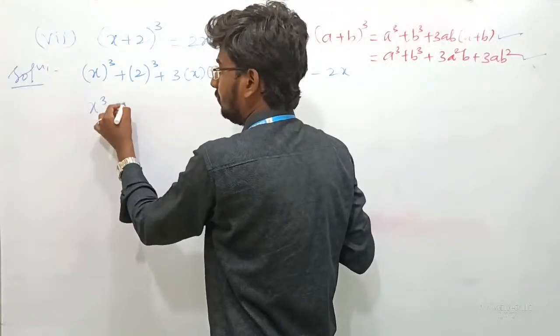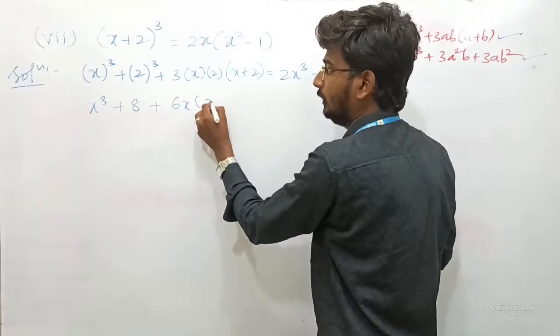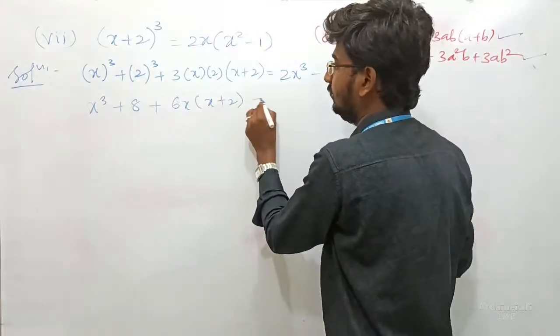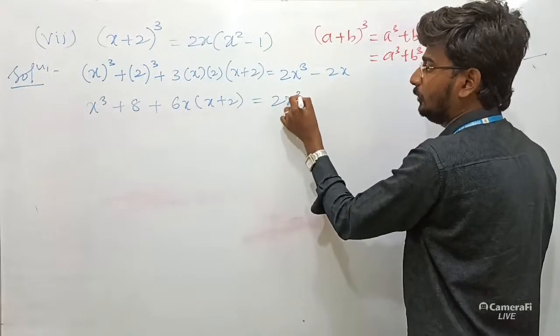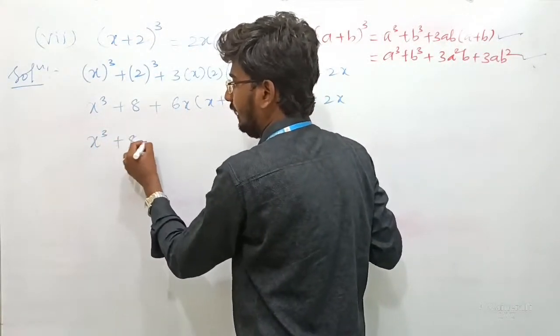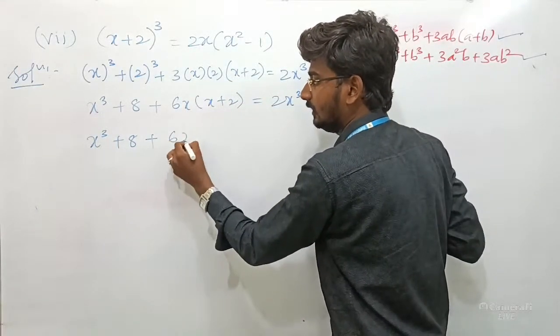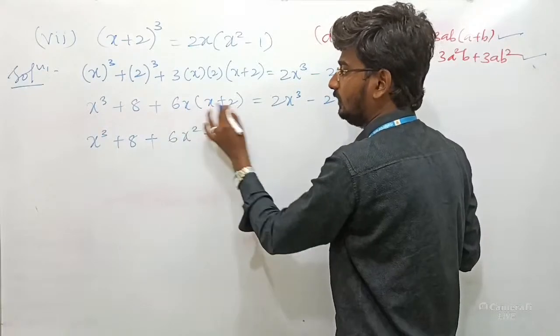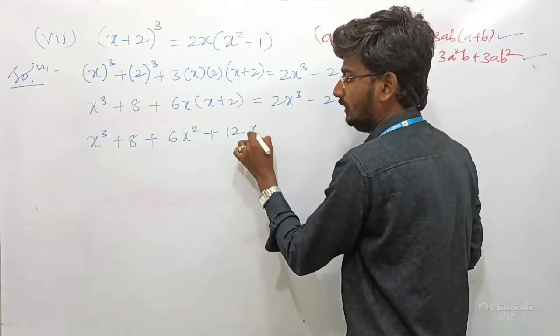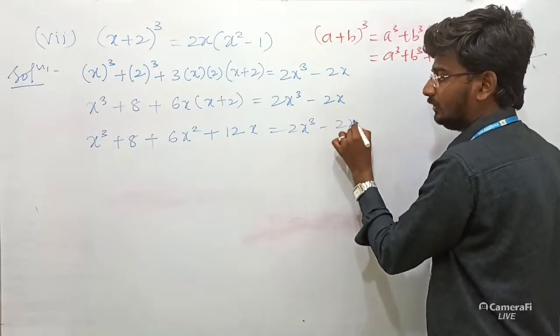This will be x cube plus 8 plus 3 into 2x, 6x into x plus 2, is equal to 2x cube minus 2x. Further simplification, x cube plus 8 plus multiply the bracket term, 6x into x, 6x square, plus 6 into 2, 12, x will be as usual. This is equal to 2x cube minus 2x.